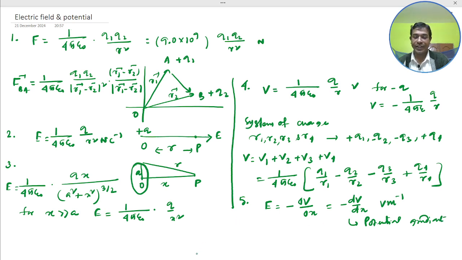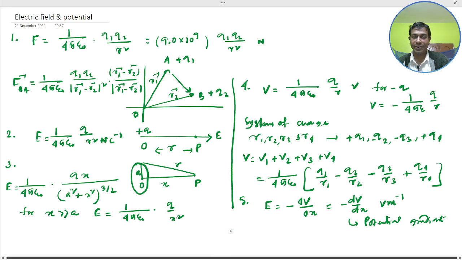For the intensity of the electric field, E equals V1 minus V2 divided by D, where V1 and V2 are the potentials and D is the distance between the plus charge and the minus charge.